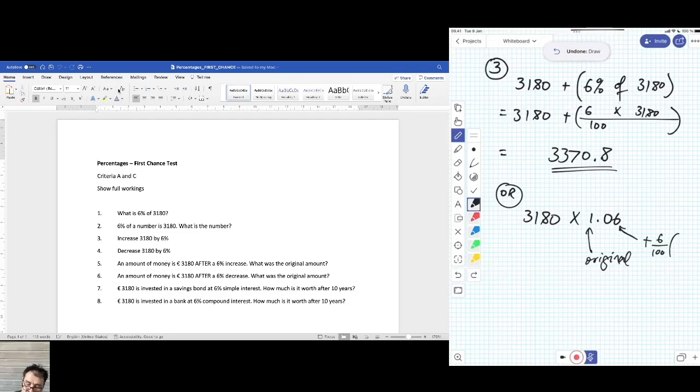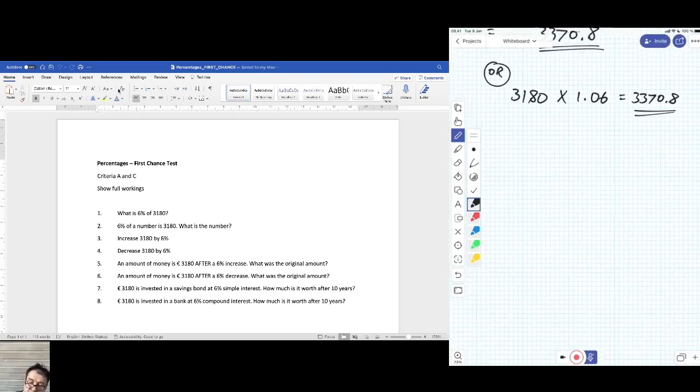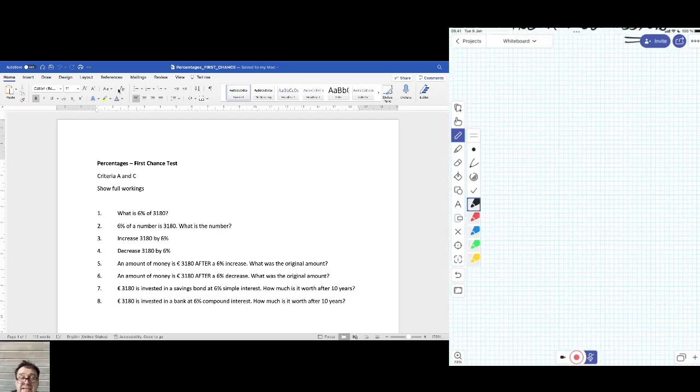So if you want, you can set that out a much quicker way. Just a straightforward multiplication by 1.06 should give you the same answer. Okay, moving on to question 4 now.